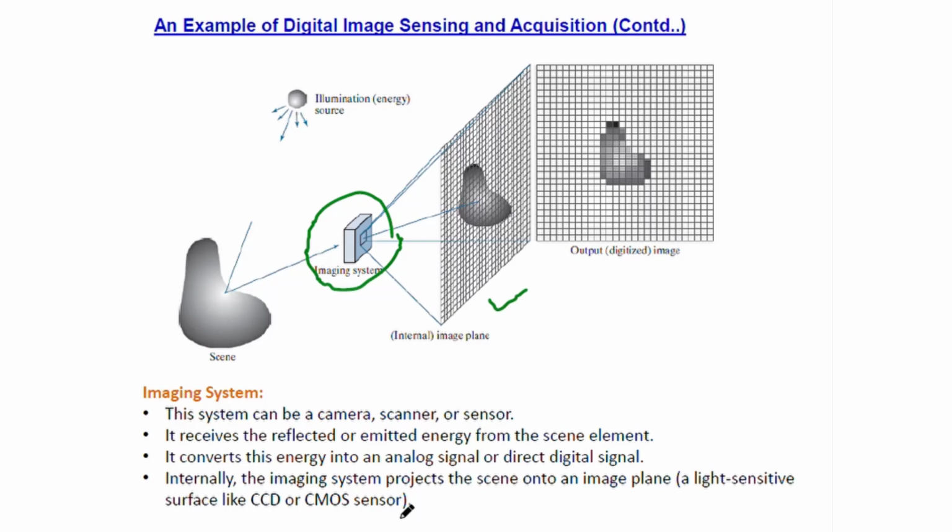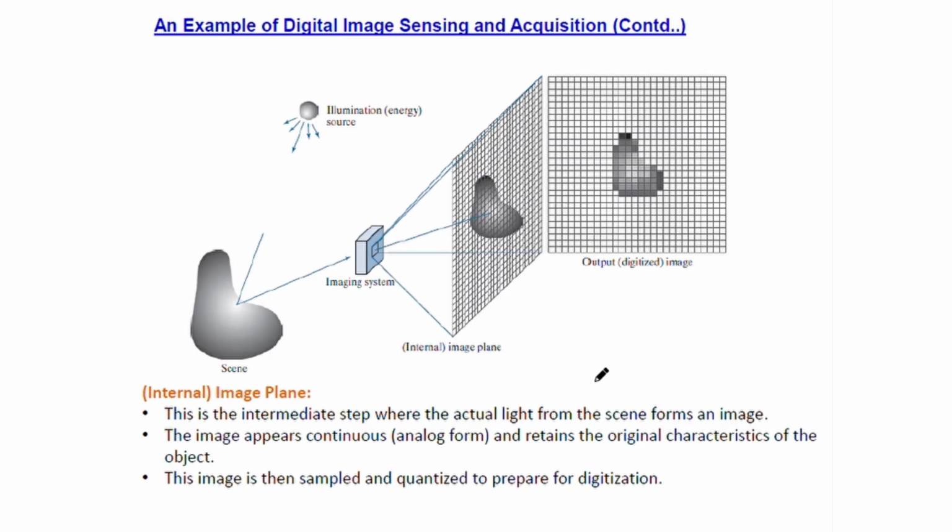CCD is charge coupled device, CMOS is complementary metal oxide semiconductor. If you see this internal image plane, you are observing an analog image exactly equal to the scene being viewed. But after sampling and quantization, this image is converted into a digital image. So this is the digital image.